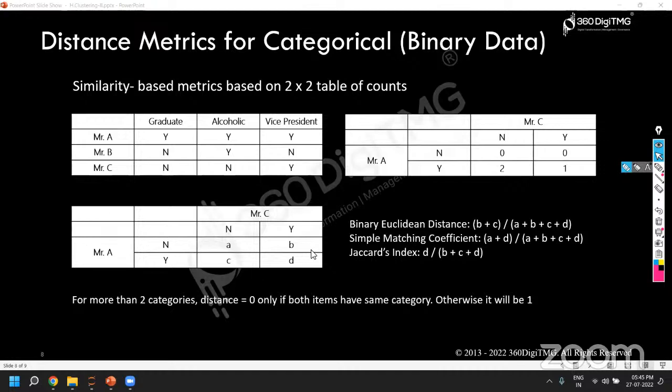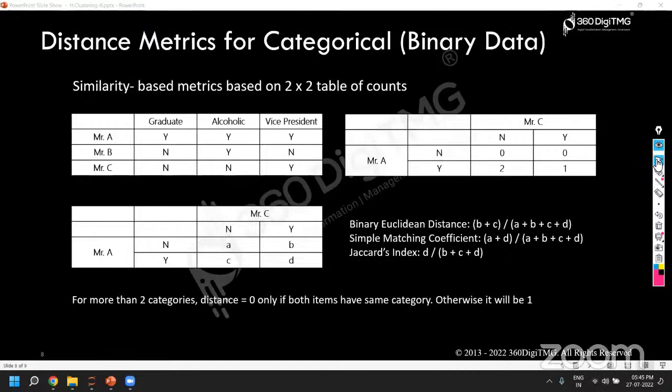That's the interpretation. Distance equal to 0 means they both are similar. Whereas 1 is when the records belong to different categories, when they are different from each other. So that is basically how we look into the distances if your data is non-numeric.